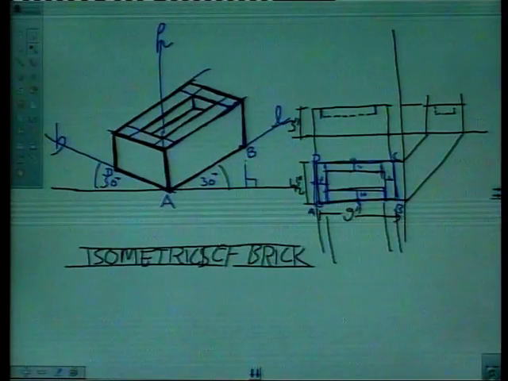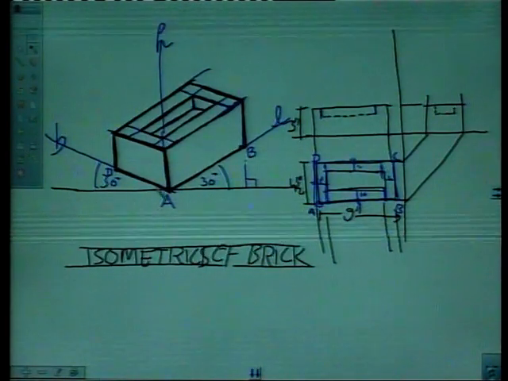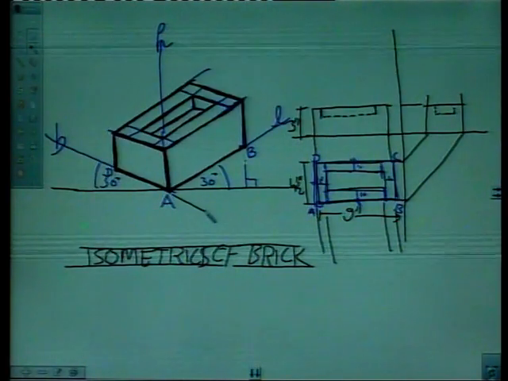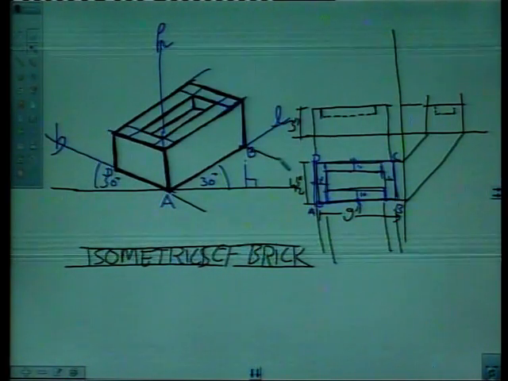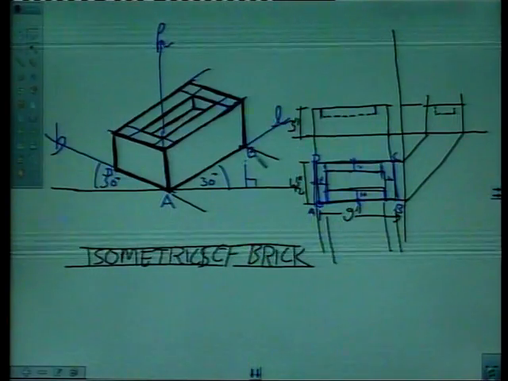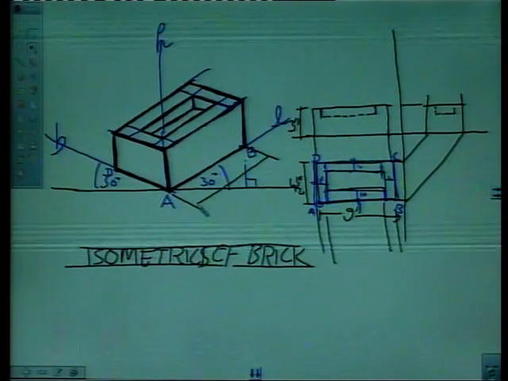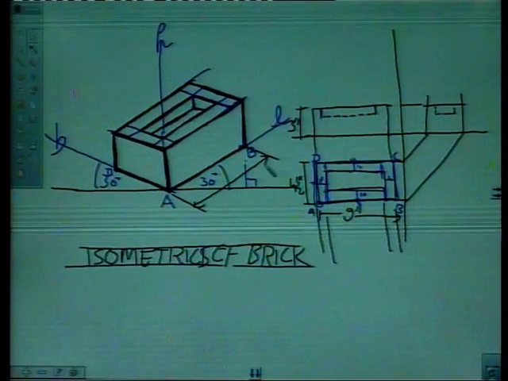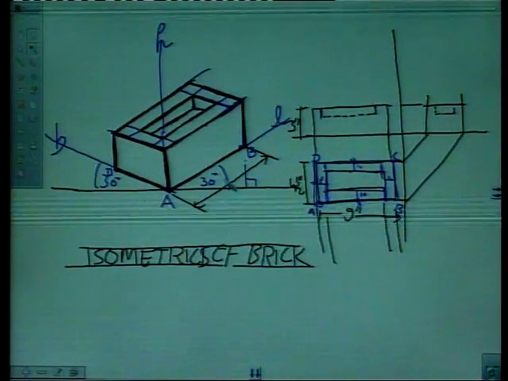We can dimension also. For dimensioning, draw a line like this, and this edge like this, and draw arrows here, right? And write here say 9 inches.